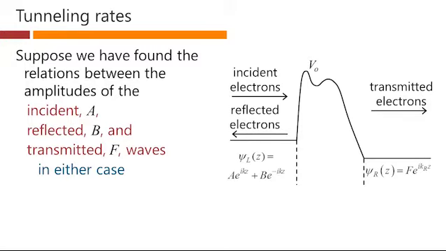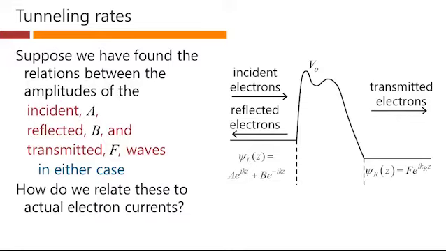And we presume we might have done this in even this more complicated case. Somehow we deduced the relation between these constants here. How do we relate these constants, a, b, and f, that presumably we have solved for, or at least their relative values, to actual electron currents?